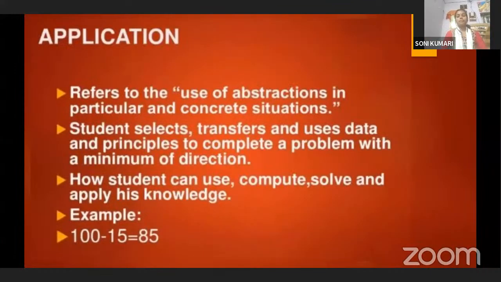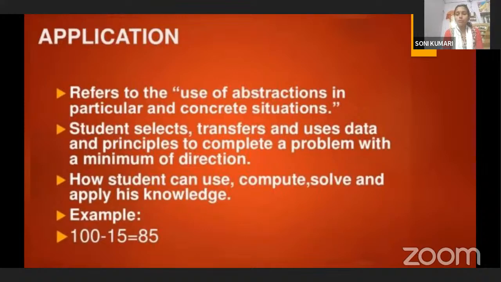Now the next point is application. Application refers to the use of abstraction in a particular or concrete situation. A student selects, transfers, and uses data and principles to complete a problem with a minimum of direction.